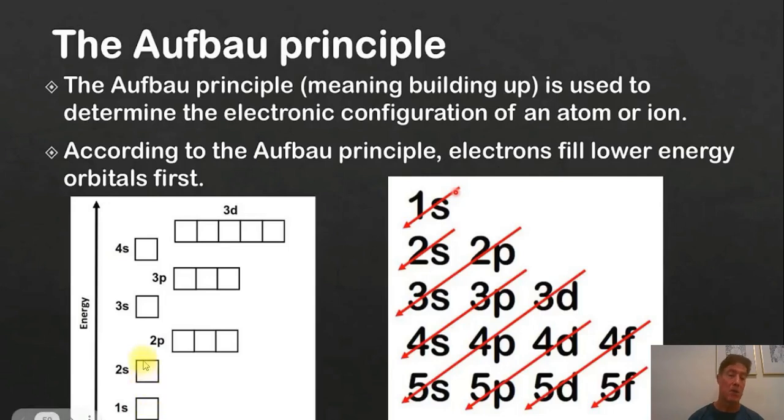Then we're going to put another electron here and another electron here. And after we filled the 2s, so 1s1, 1s2, 2s1, 2s2, 2p1, 2p2, 2p3, and we come back, 2p4, 2p5, 2p6. We don't double these up until we have to. We don't pair them up until we have to. That's known as Hund's rule. We'll cover all that in just a second.